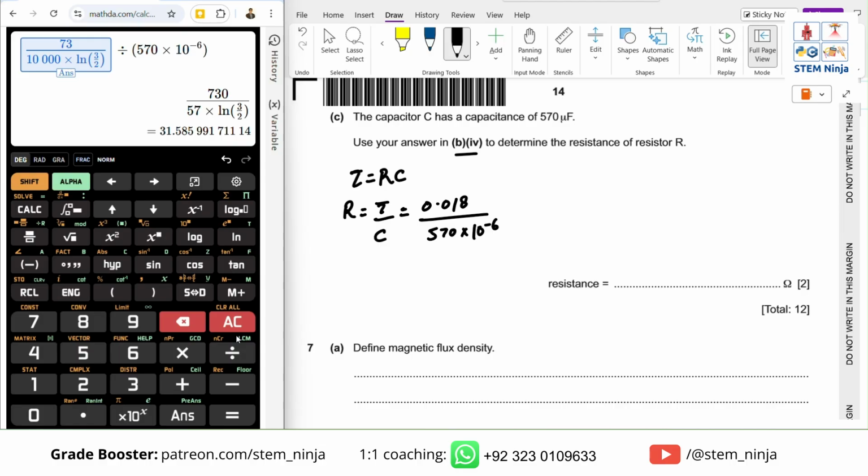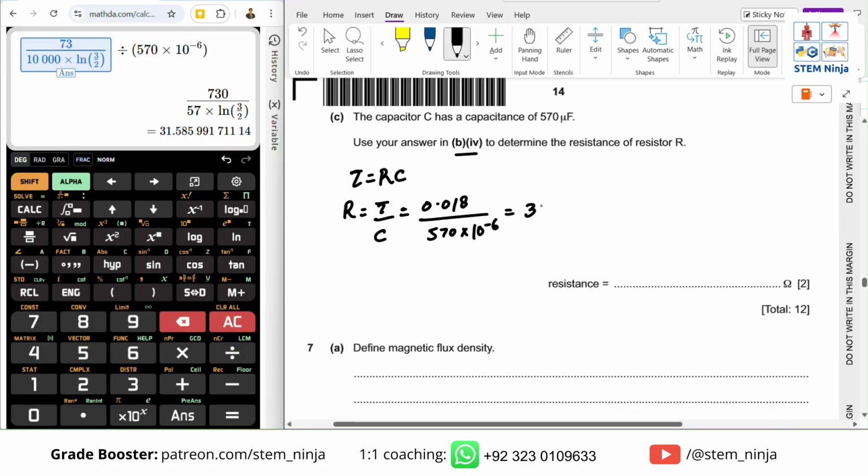So we get 31.586, let's call it 32 ohms.